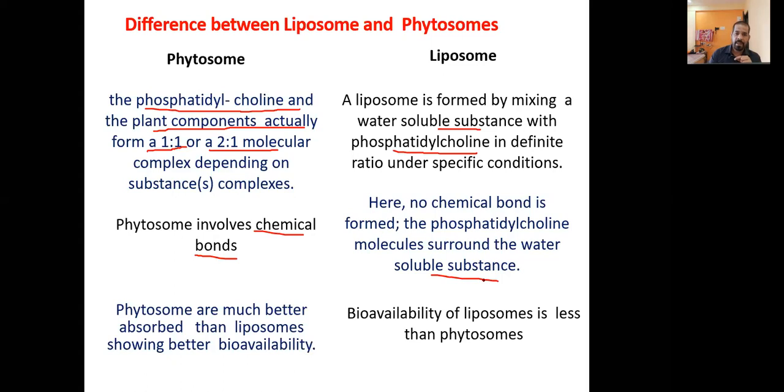The major difference is that there is a formation of chemical bonding inside the phytosome, which is not there in the liposome. The phosphatidylcholine and herbal extract concentration is 1:1 or 2:1, while in the liposome no specific or definite ratio is taken.